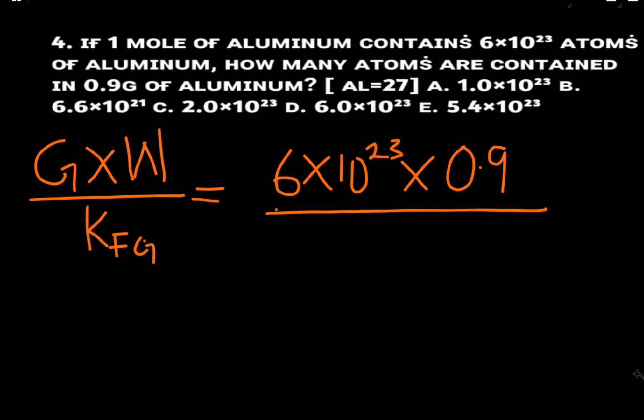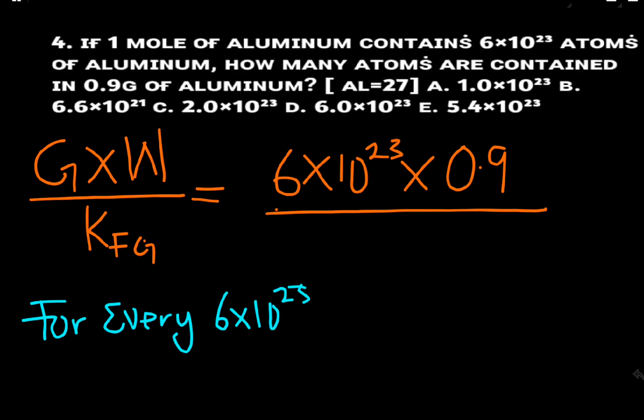Please note that for every 6 times 10 raised to the power of 23 atoms of aluminum, we get 27 grams, or grams per mole, which is actually its atomic mass.